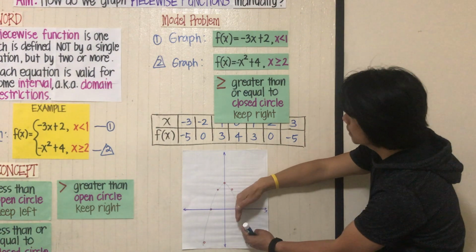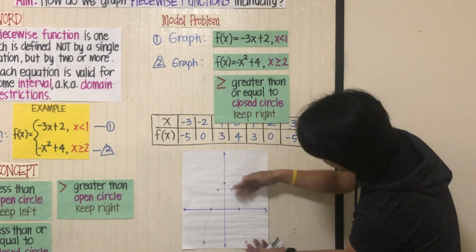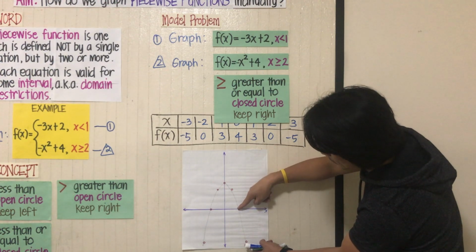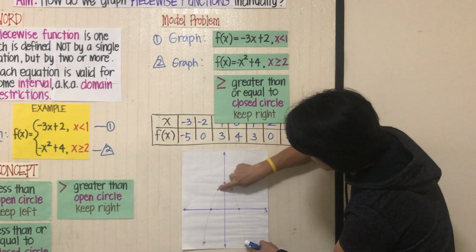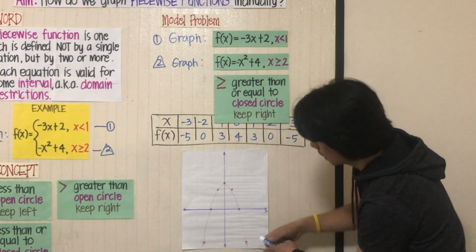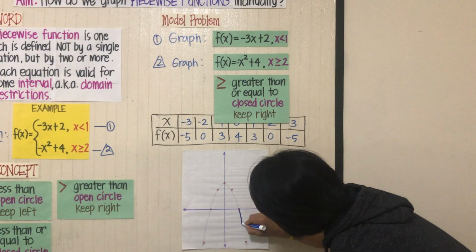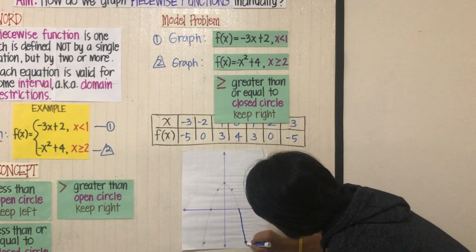When you say greater than, you need to keep the right part of the graph, which is only this piece. So you need to erase all of these and keep this part only. I'm going to keep that from this open circle all the way down there.